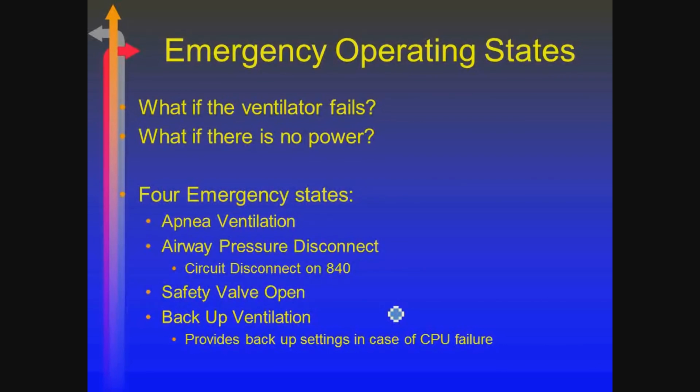Second one is apnea ventilation. All the ventilators have a mechanism where if you're in a spontaneous mode, patients just breathing on their own, the ventilator is just kind of sitting there monitoring them. If they go apneic, it should kick in. Let me back up. It should alarm, hello, and ventilate the patient for you until they start breathing again.